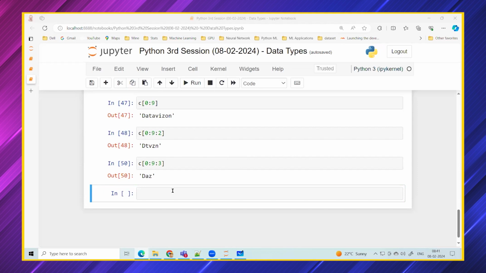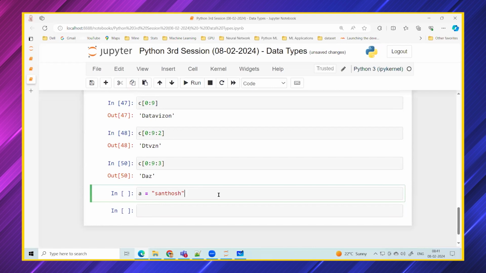Yes, Santhosh. The requirement for you is A equal to Santhosh, and the output will be S, N, H, S. I've given you the output. Now you tell me what the index is for that.